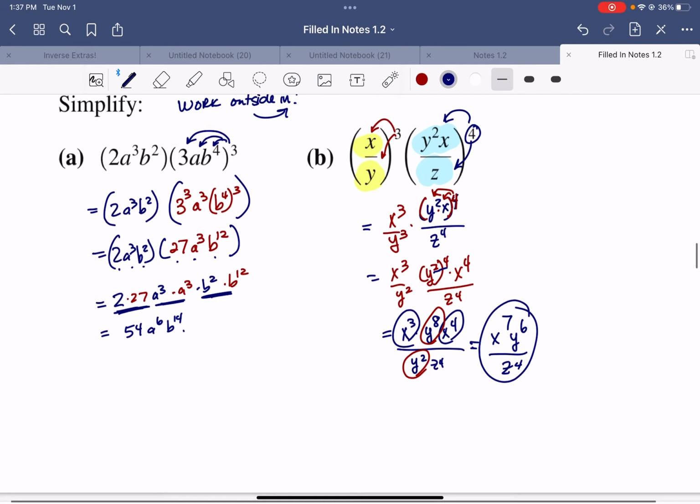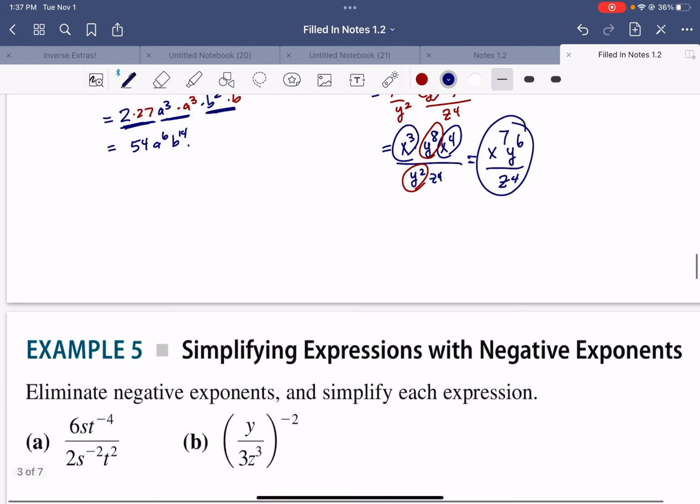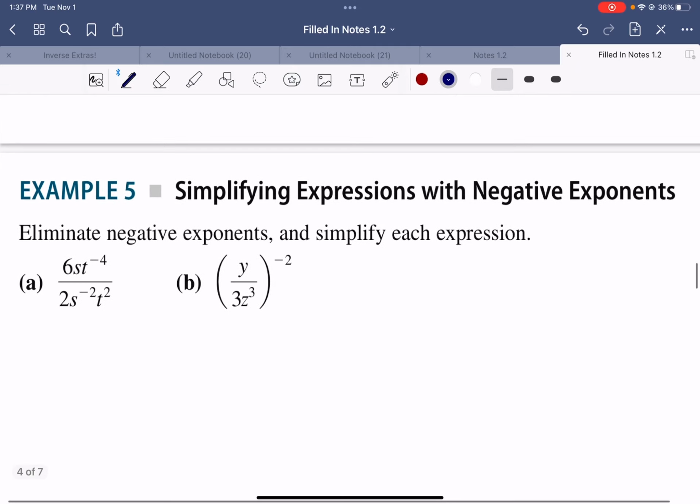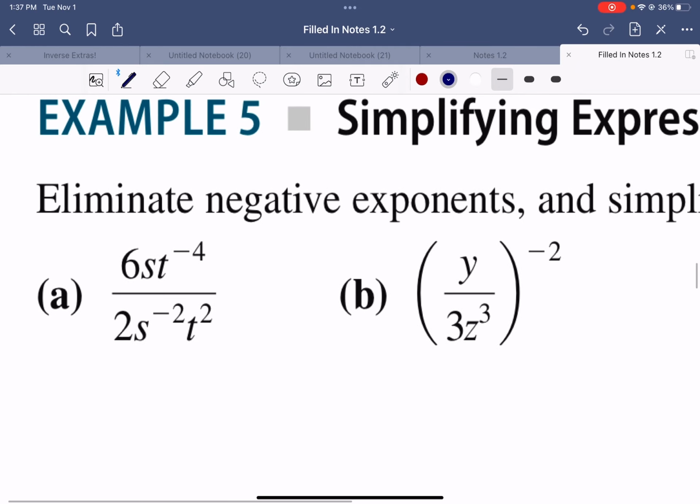Again, notice how the more work you show, the easier it is. Not to say that these are easy. So let's do example 5. First we're going to eliminate the negative exponents. So that means that this t to the negative fourth wants to be t to the fourth in the bottom, right?